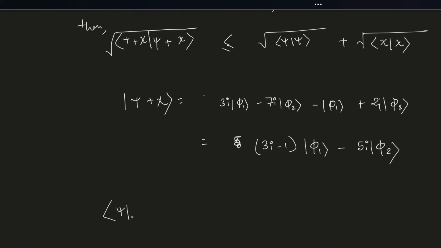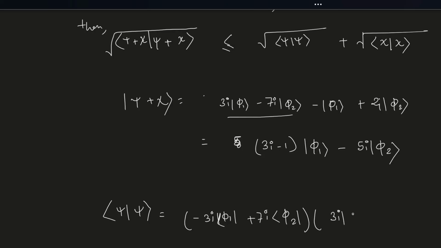Now what is this thing? This is basically the psi normalization. So you have to take minus 3i phi 1 plus 7i phi 2, with plus 3i phi 1 minus 7i phi 2.